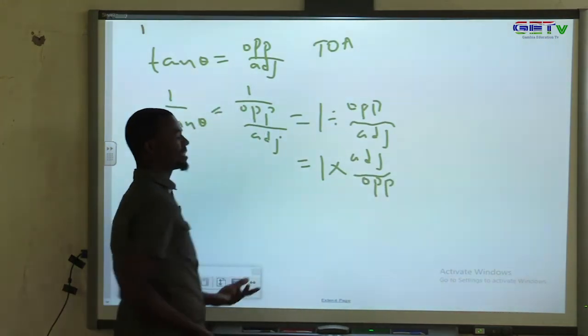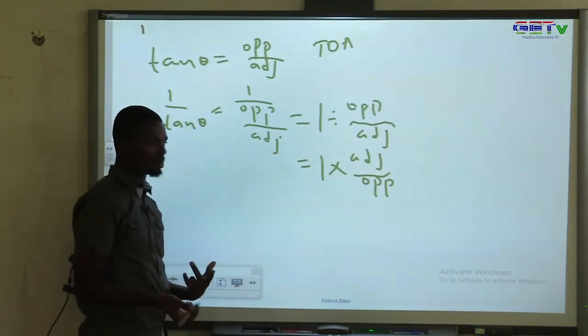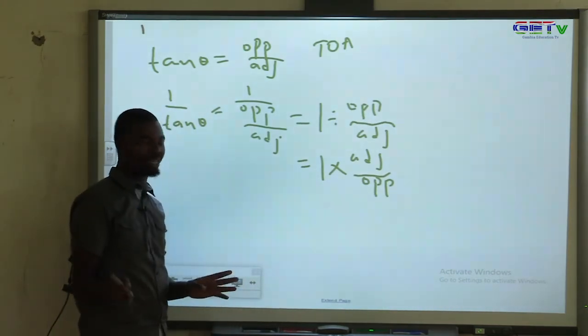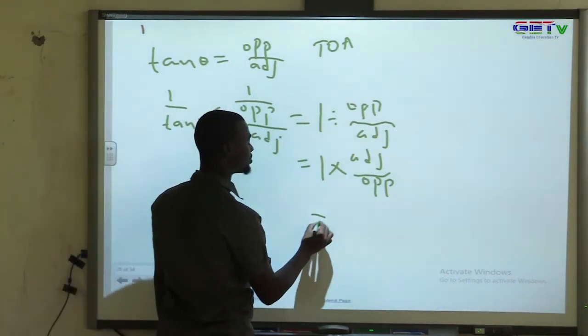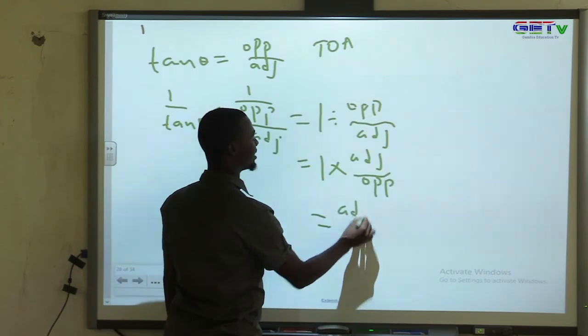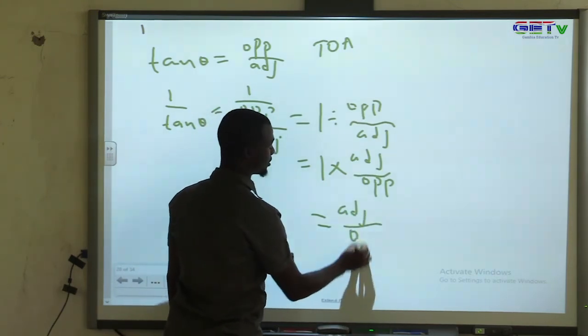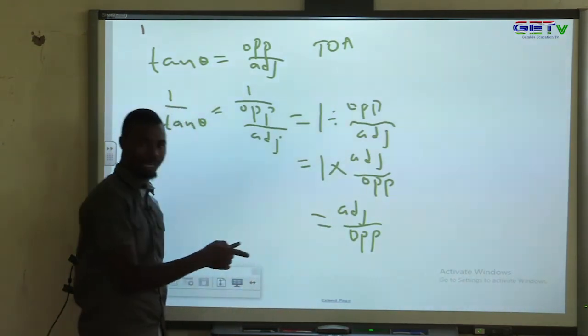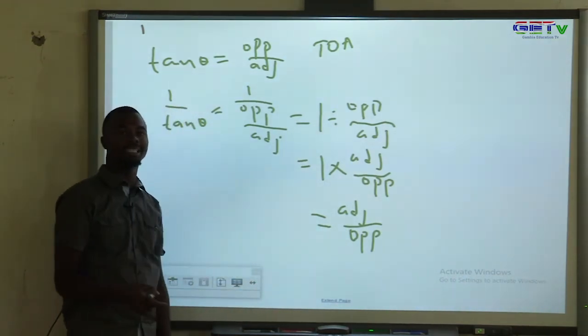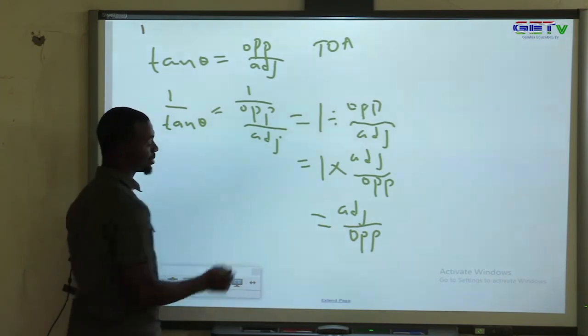So 1 times adjacent over opposite is adjacent over opposite. Any number times 1 is still that number. So this will give us adjacent over opposite. So this is the reciprocal of tan. And the name for the reciprocal of tan is cotangent.